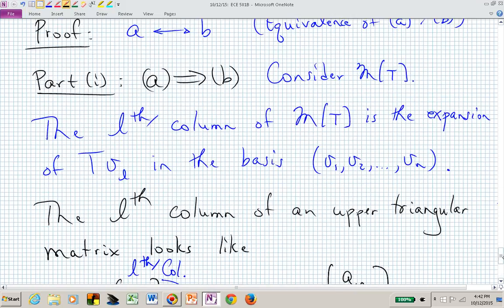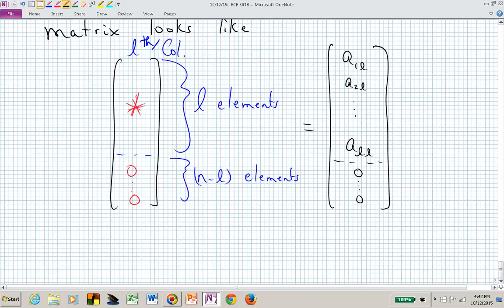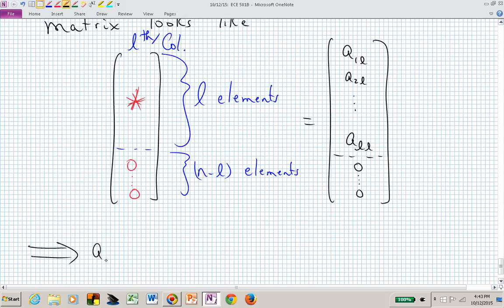Now, the nth column of the matrix representation of T is the expansion of T v sub L in this basis V1 through V sub n. This is how the scalars that I use to scale those basis vectors give me the representation of T v sub L, which says that I now use a sub 1L.